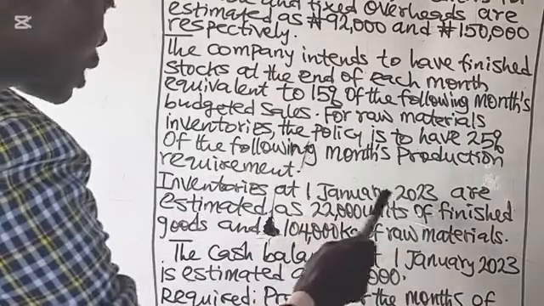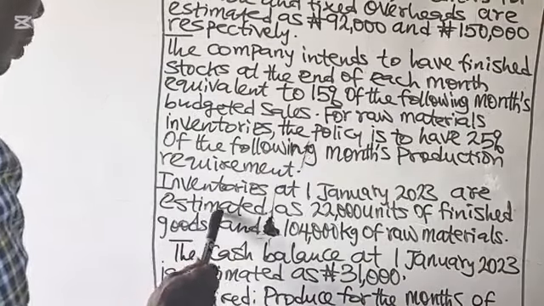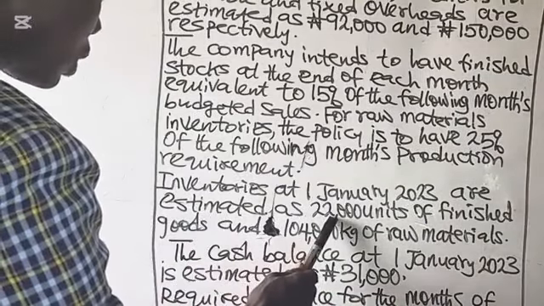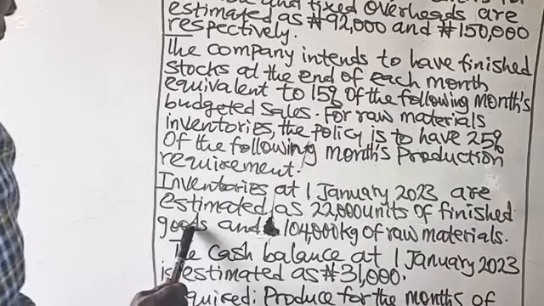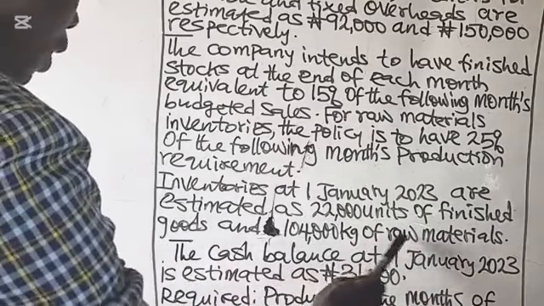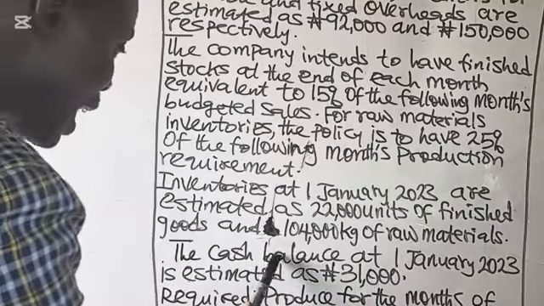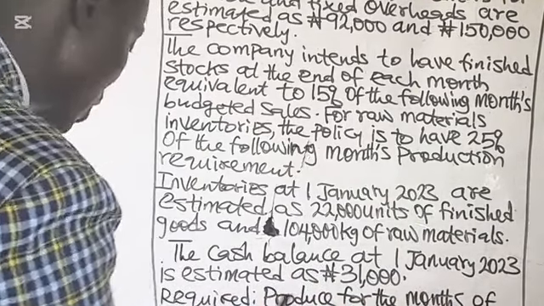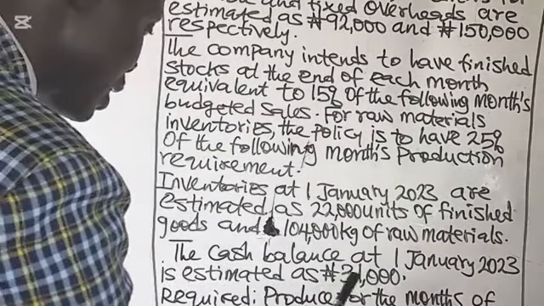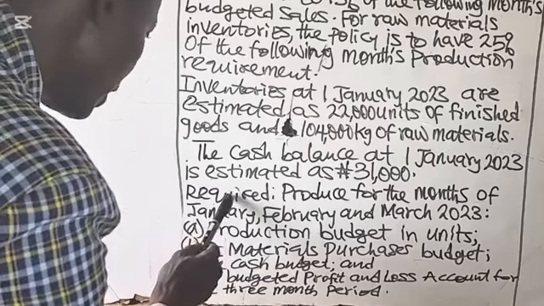Inventories at 1st of January 2023 are estimated as 22,000 units of finished goods and 104,000 kg of raw materials. The cash balance at 1st of January 2023 is estimated as 31,000 naira. Required.